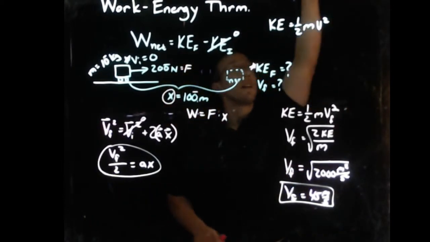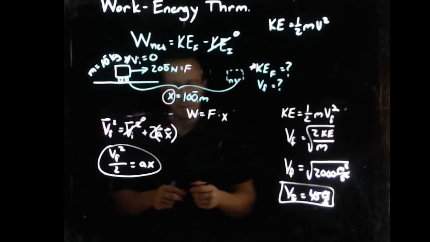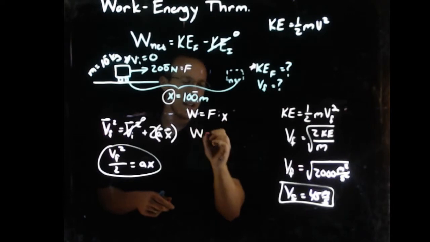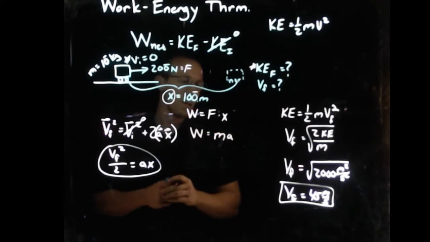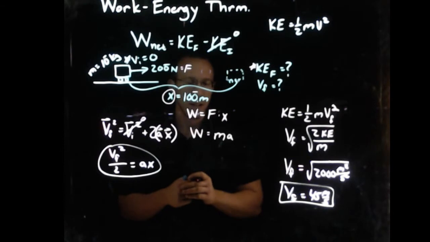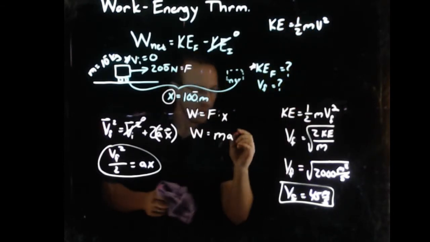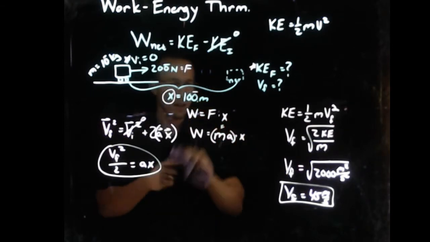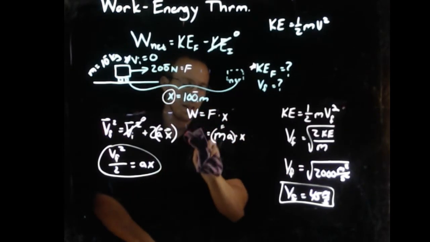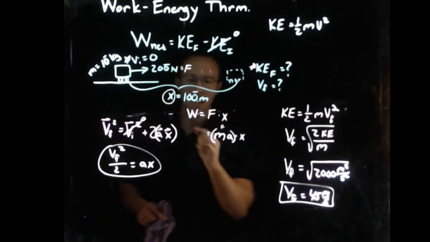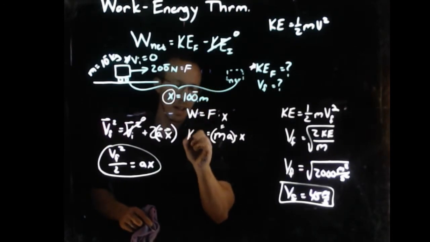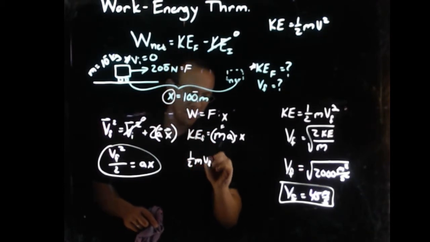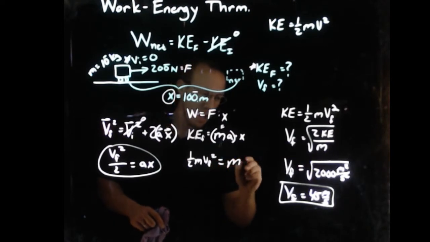Now I'm going to look at my work right here. I know that work is equal to F times x, and F is equal to ma. I also know that the work is equal to the kinetic energy. And so 1/2 m vf squared is equal to max.